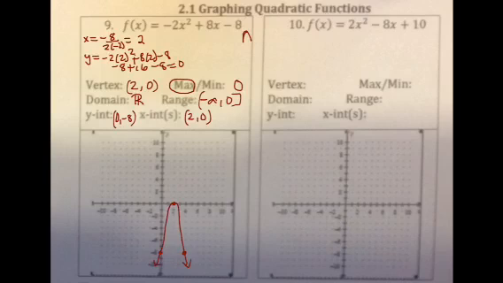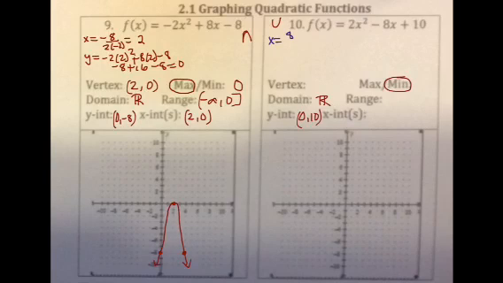Number 10, the parabola concaves up, so it has a minimum value. The domain is all reals, and the y-intercept is (0, 10). Okay, so let's find the vertex. The vertex is x equals -b over 2a, so it's actually +8 because negative.